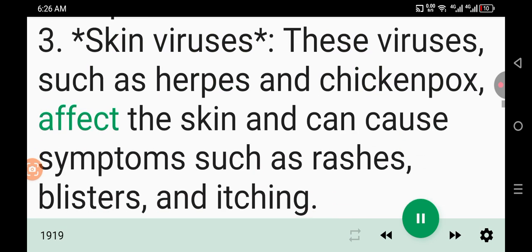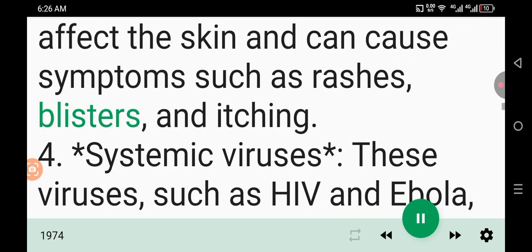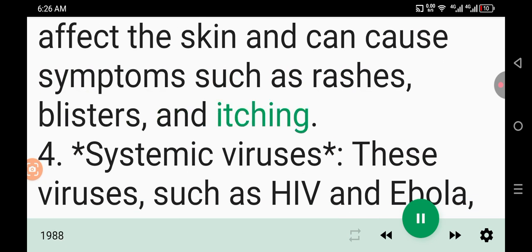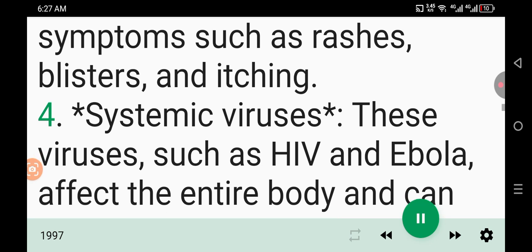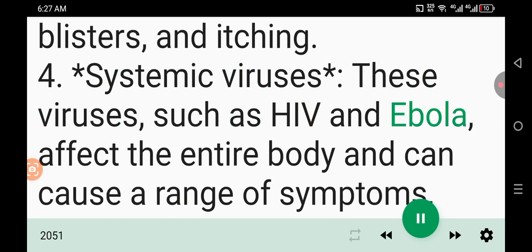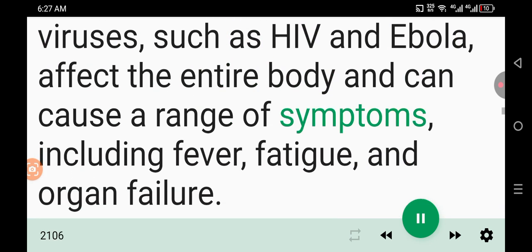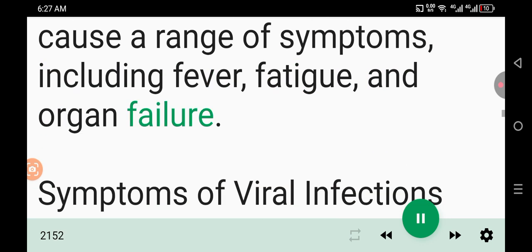These viruses, such as herpes and chickenpox, affect the skin and can cause symptoms such as rashes, blisters, and itching. 4. Systemic viruses. These viruses, such as HIV and Ebola, affect the entire body and can cause a range of symptoms, including fever, fatigue, and organ failure.